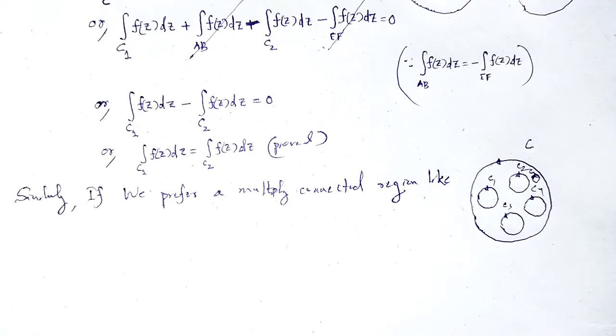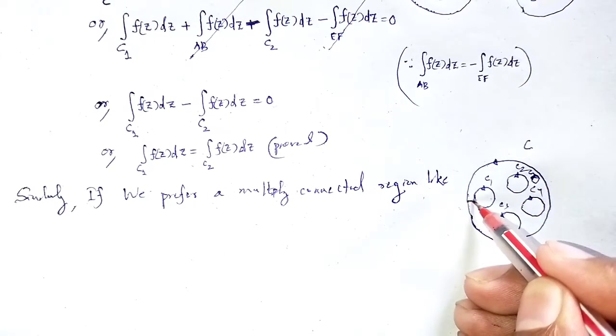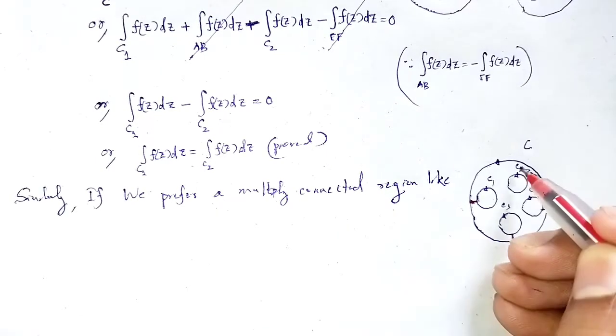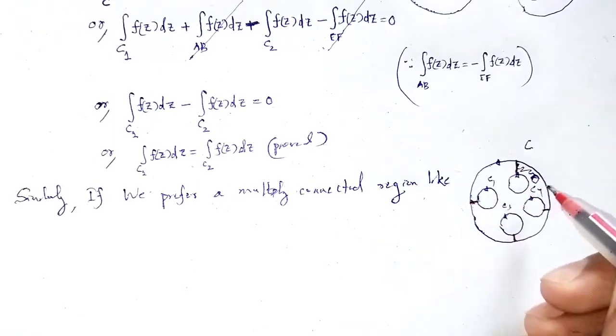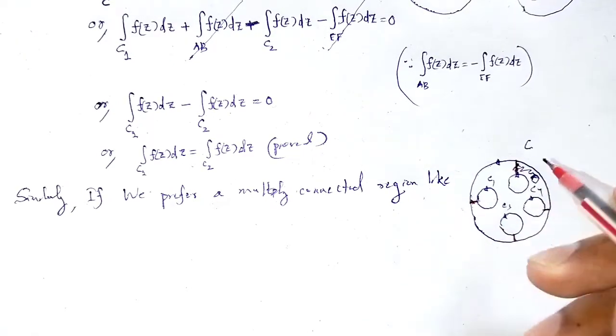Then this multiple connected region can be changed to a simply connected one by taking the cross cuts. Here I use the cross cuts to convert that multiple connected region into a simply connected one.